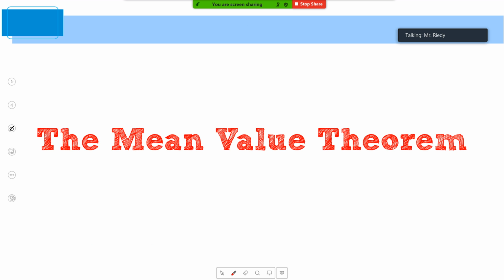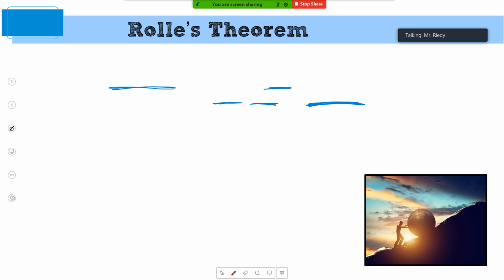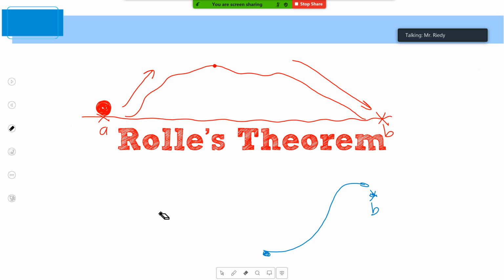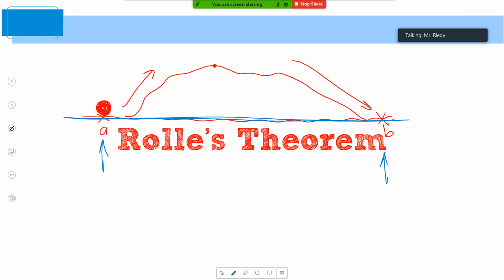Let's go back to this picture, because I can. Now, notice, this is confusing. Let's make that go away. Let's go back to our original picture, where we're rolling a ball up a hill. Because we're starting and stopping at the same level, that guarantees that the ground is level, and by being level, it has a slope of 0.